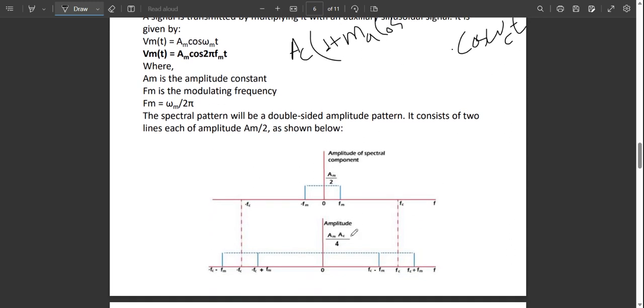In this part, we can see that the amplitude of the modulated signal is Ac ma by 4.